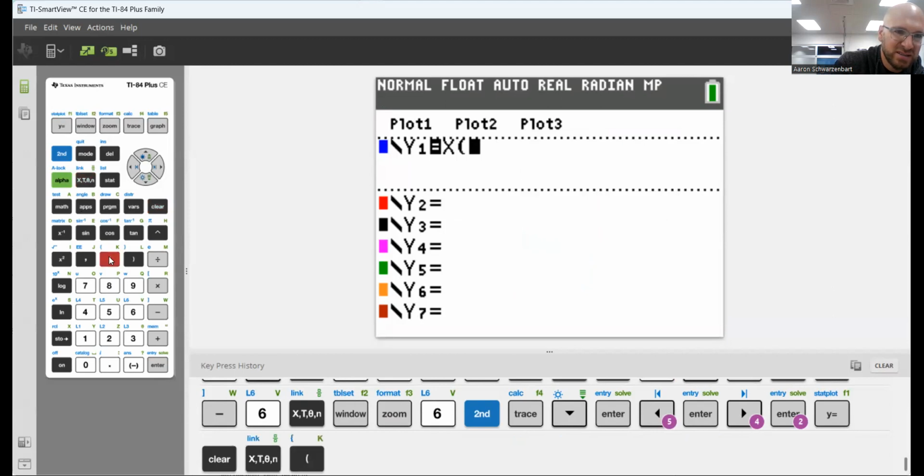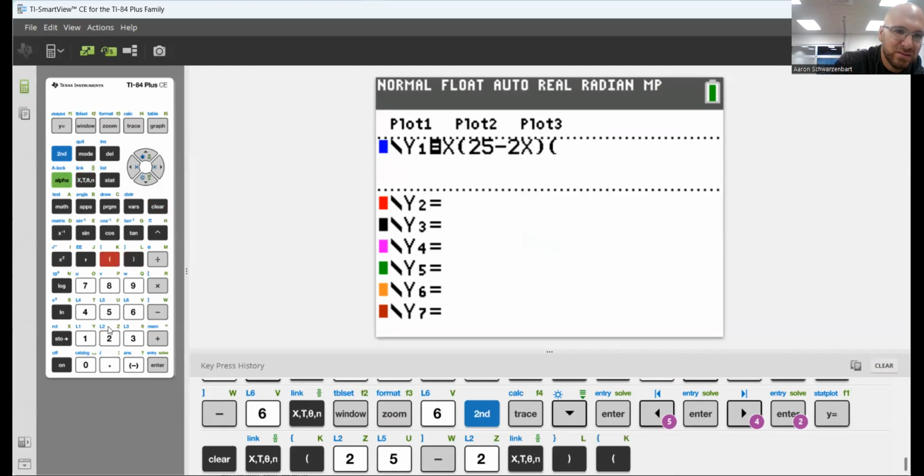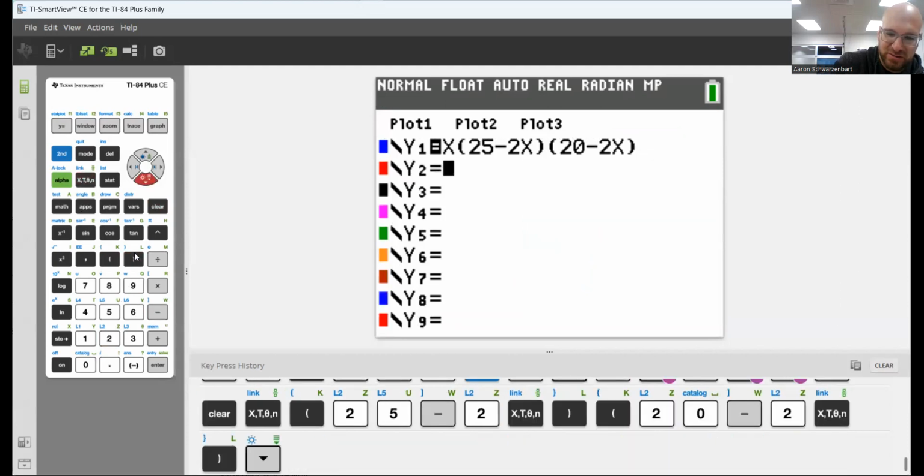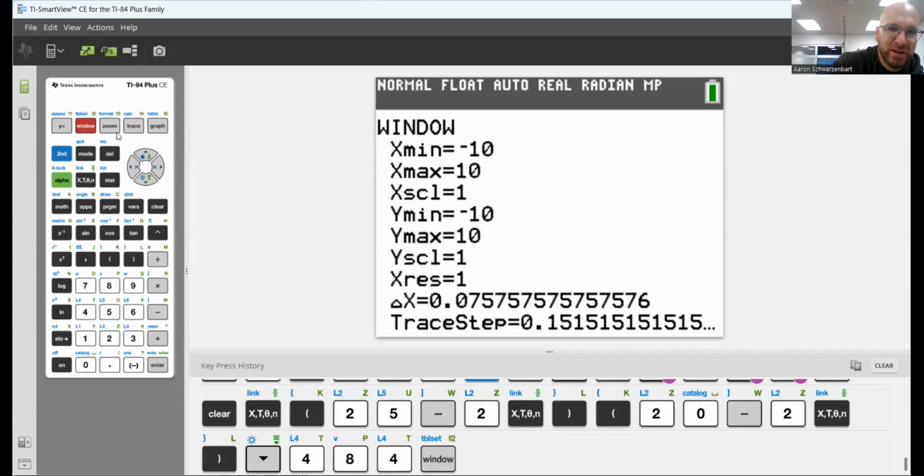They used x. And I'm going to do 484 here. Okay. My window.